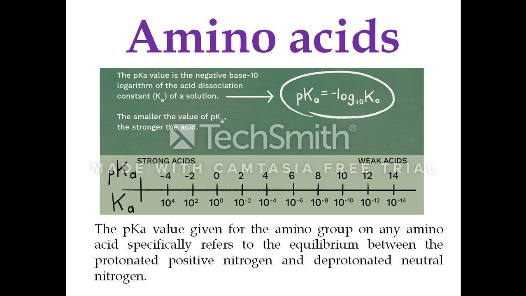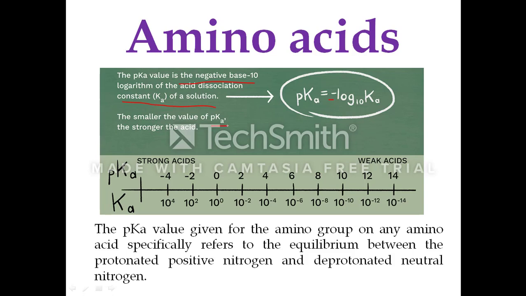Next is the pKa value of an amino acid. The pKa value is the negative logarithm to base 10 of the acid dissociation constant of the particular amino acid.